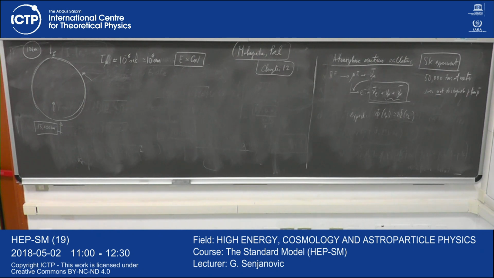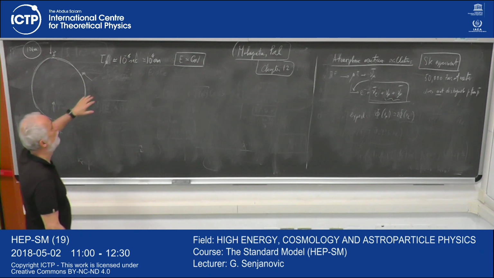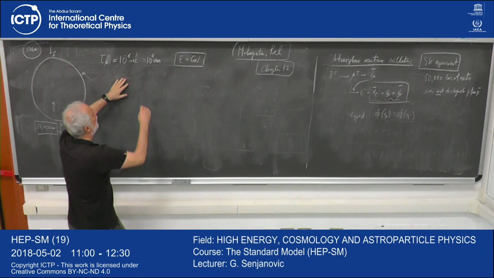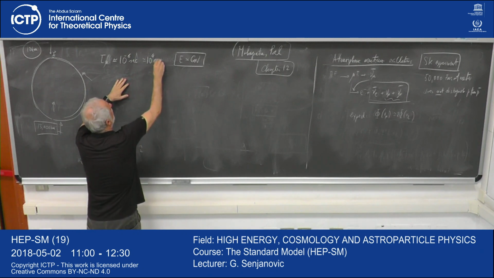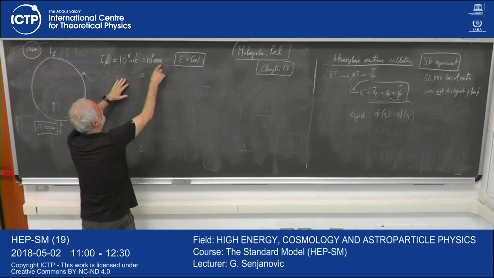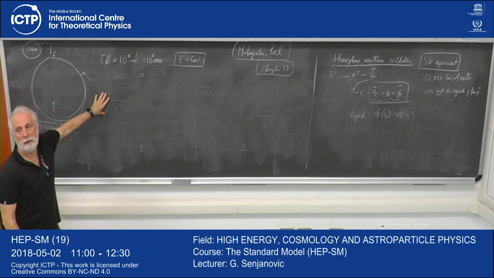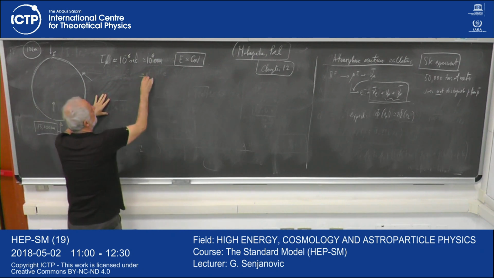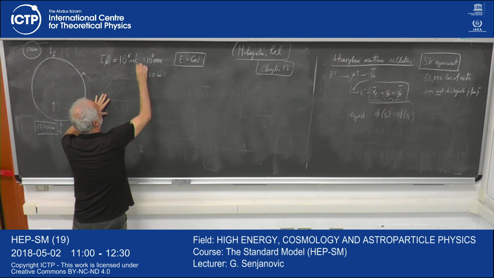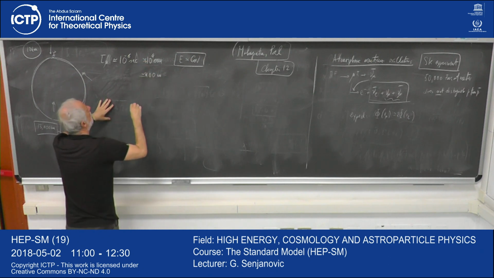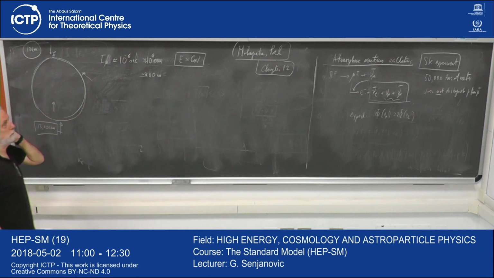So what will the lifetime be? So 10 to the 4, this is 10 to the 4 centimeters. What is 10 to the 4 centimeters? This is 100 meters, roughly. There's a factor of 3, I think. 300 meters.